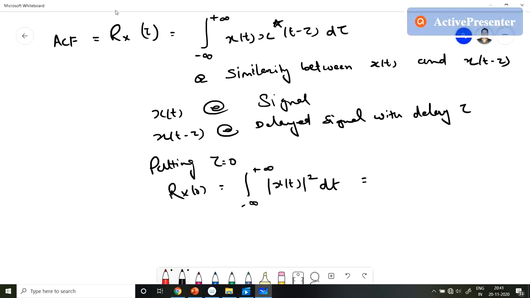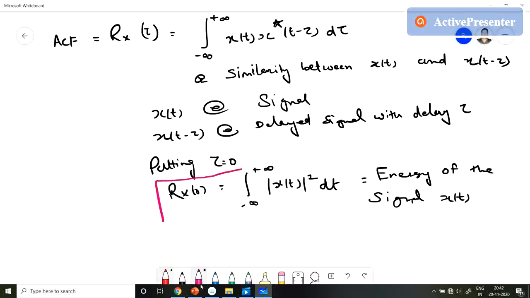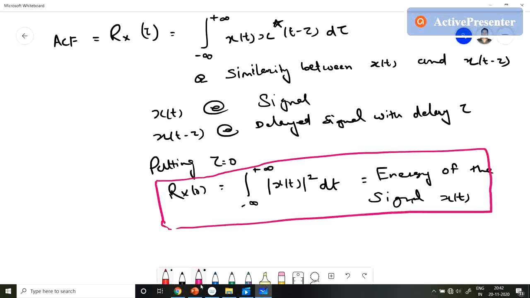That is the energy of the signal x(t). So this is the relation between the autocorrelation function and energy. When we have delay tau equal to 0, this Rx(0) is equal to the energy of the signal.